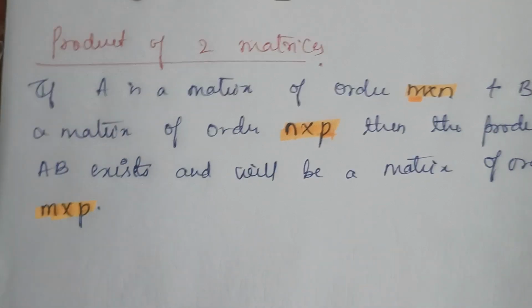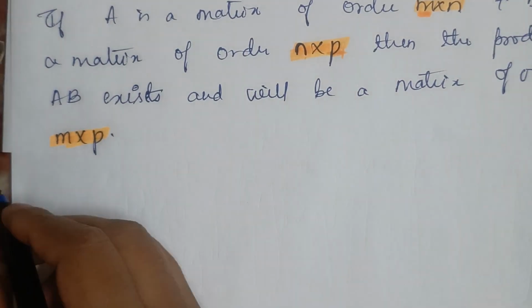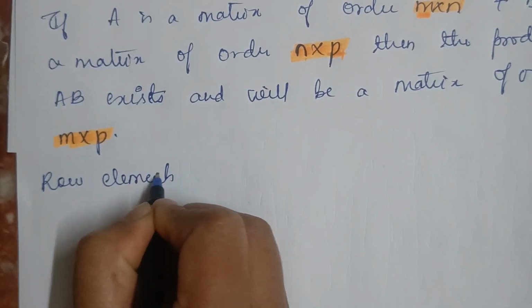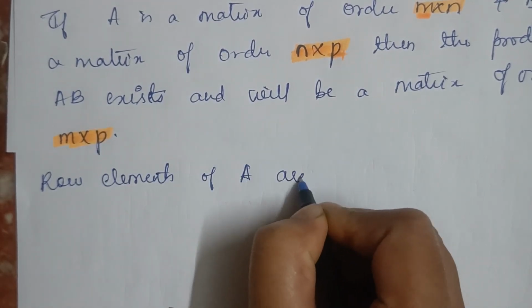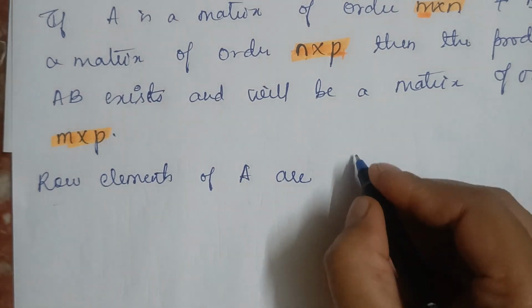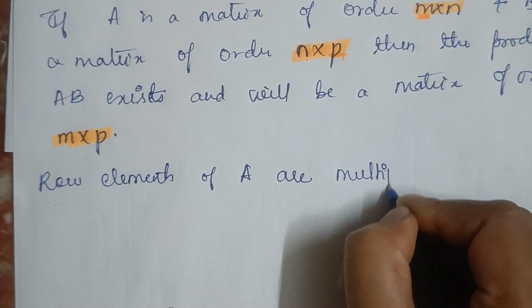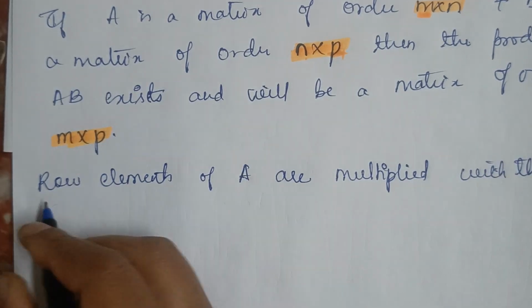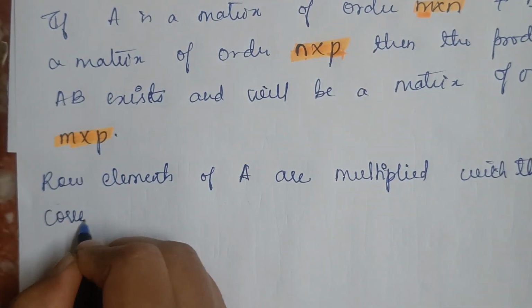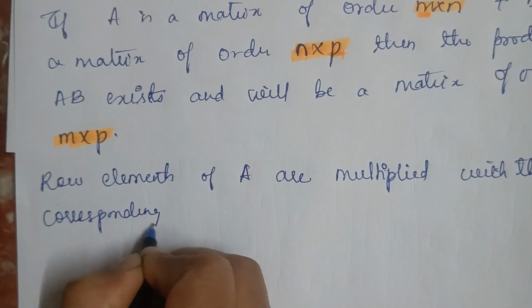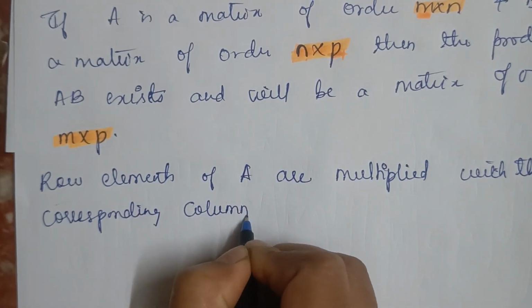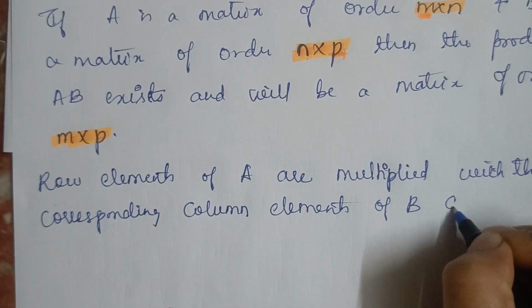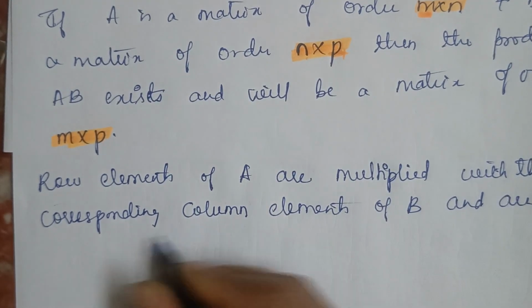So here, row elements of A are multiplied with the corresponding column elements of B, and they are added.